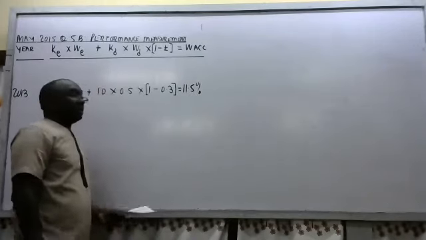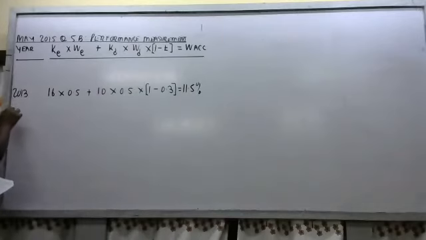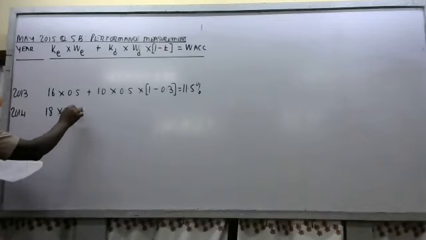Good. Let's go to 2014. In 2014, the cost of equity is now 18, but the structure still remains 50%.